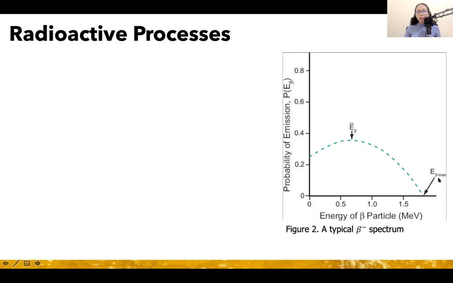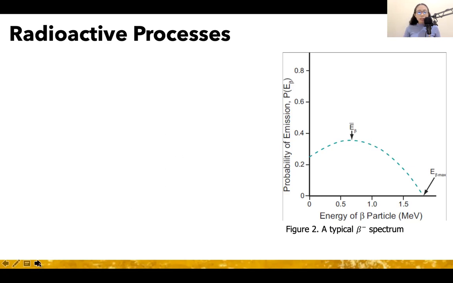So we have the maximum beta particle energy, which is the highest, okay? And we also have the average or the mean beta particle energy. And of course, we have the highest probability of energy for your beta particle emitted.